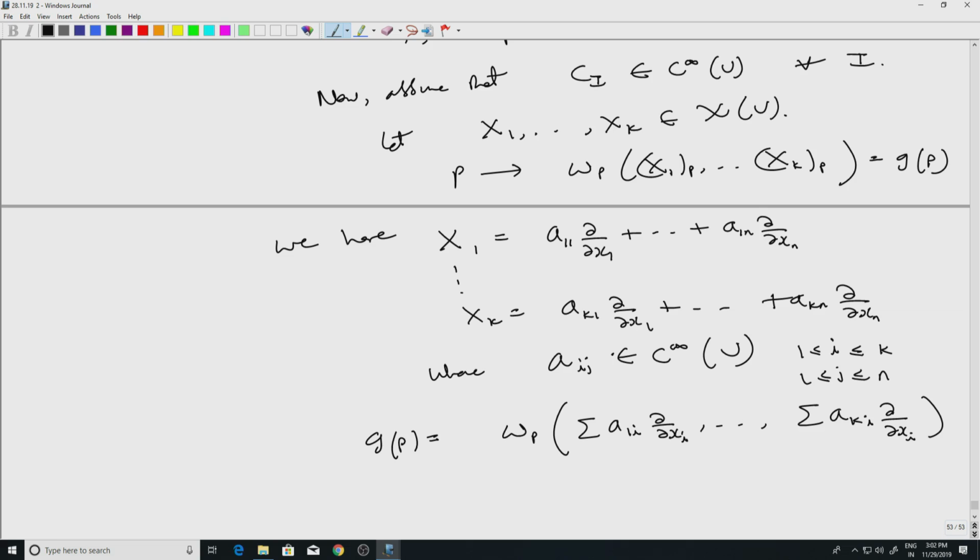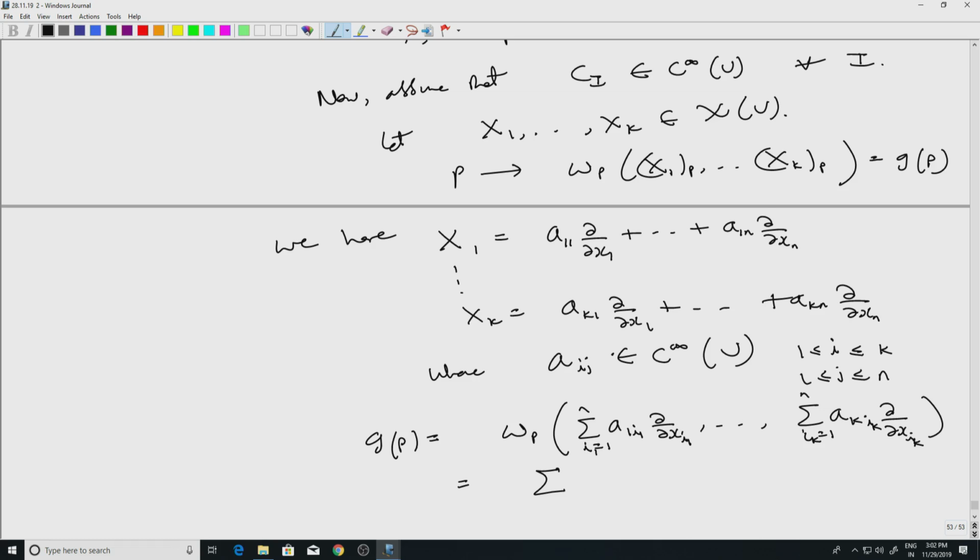Using multilinearity, this will be a summation over, and in fact now I'll be forced to use different indices, I1, ..., Ik, where I1 runs from 1 to n, Ik also runs from 1 to n.